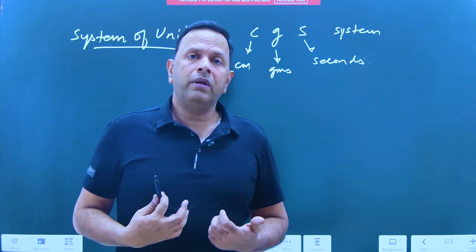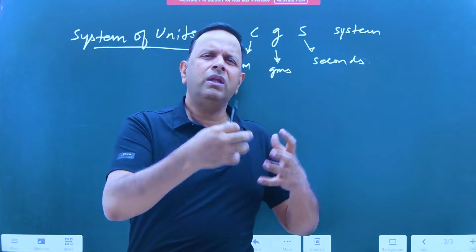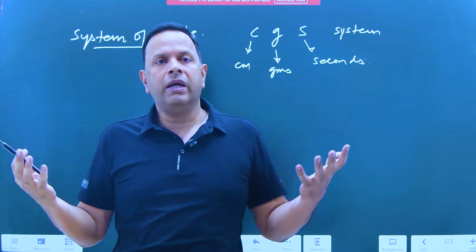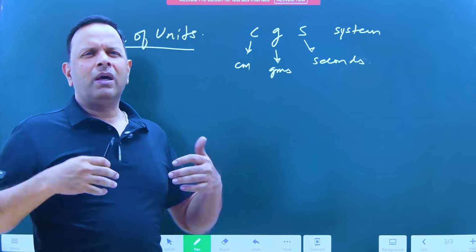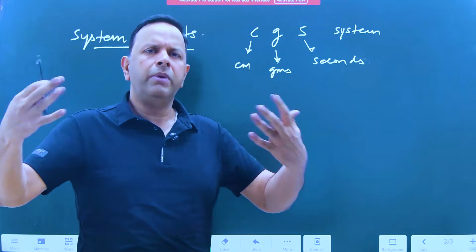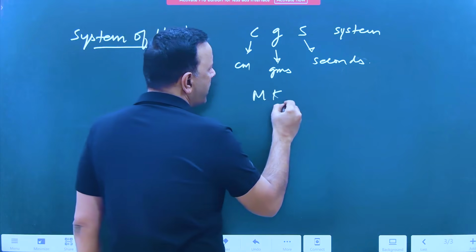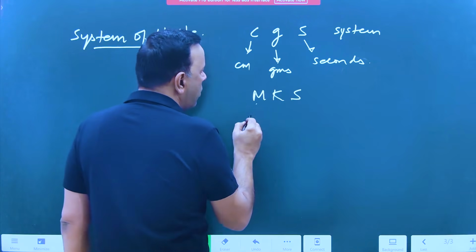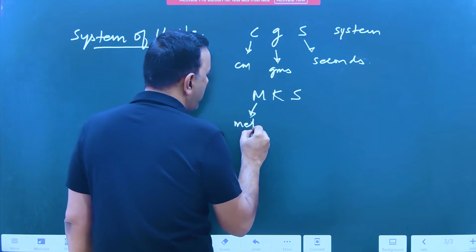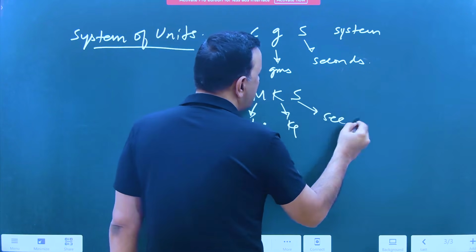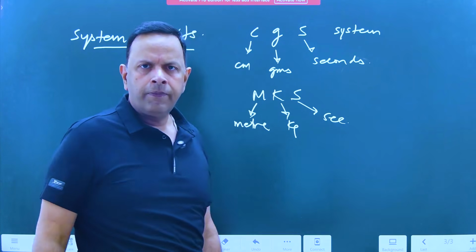But later on, people realized that the units involved are very small, and the numbers which we get for most of the quantities are very large. So they said, let us increase this a bit, so the base of the units was made bigger. So then came the MKS system of unit. Now M stands for meter, K stands for kg, and time still stands for seconds.